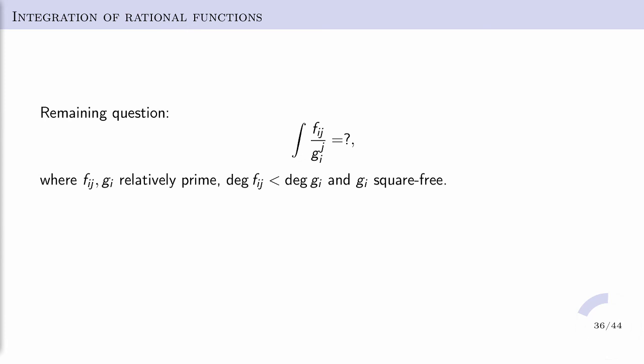So what is left is this one. We need to find the antiderivative of a rational function where the denominator is a power of a square-free polynomial. To this end, we will use the so-called Hermite reduction. Let me explain it as follows. We need to compute the integral of a over b to the n, where b is square-free.